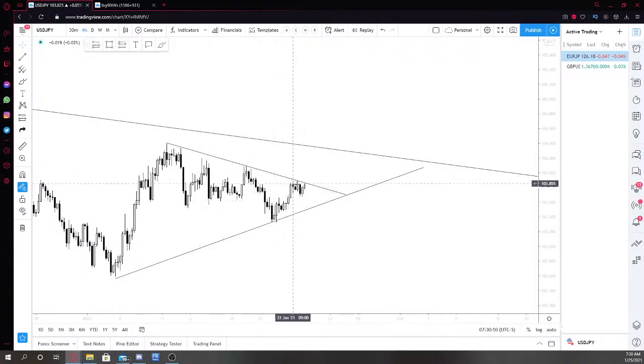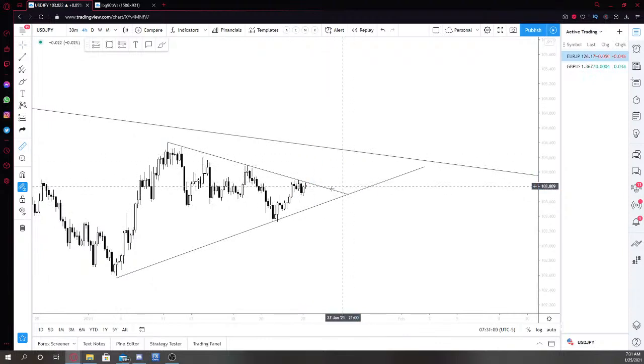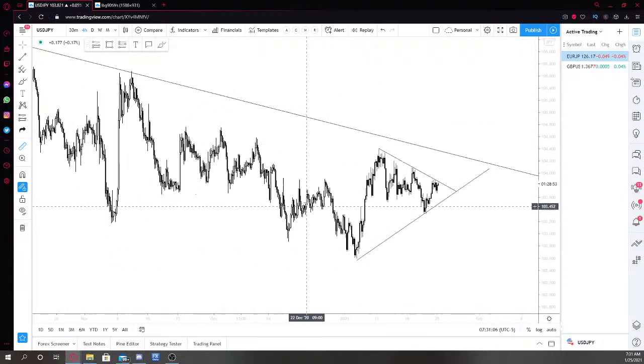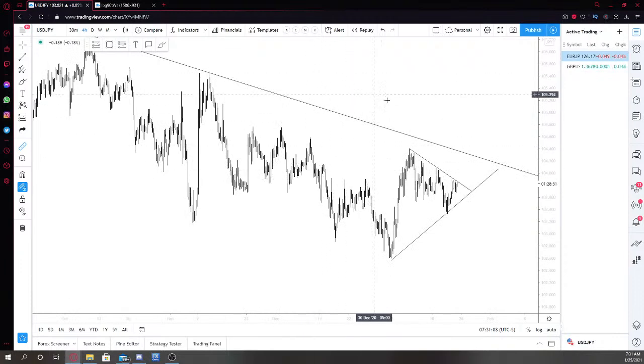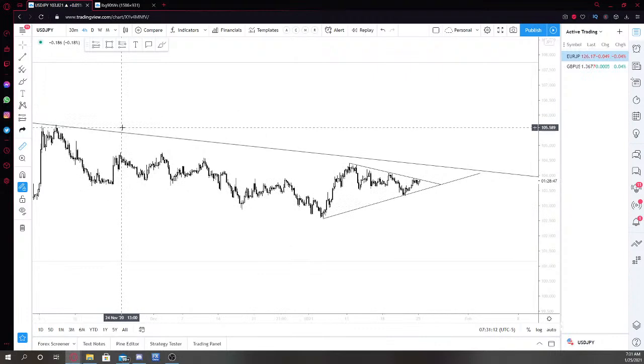But yeah, here I'm ideally looking for a push through above here, then looking for a continuation up to this point, which gives you, I'm assuming, about a 50 pip area there, and then I'm looking for that trend line to actually be broken and then look for it to continue up. That's ideally what I would look for. Let's go ahead and box it in a little bit better here.